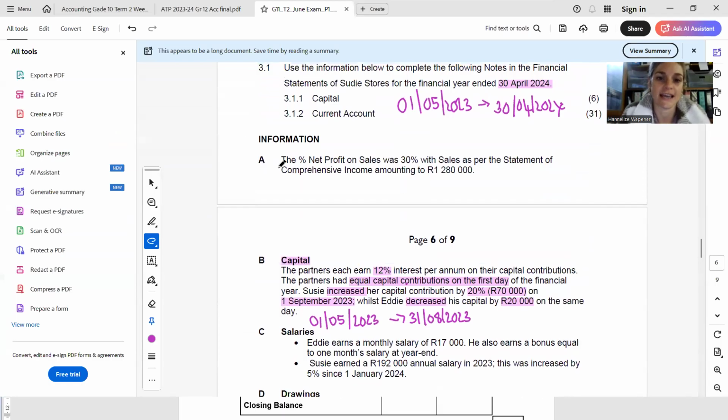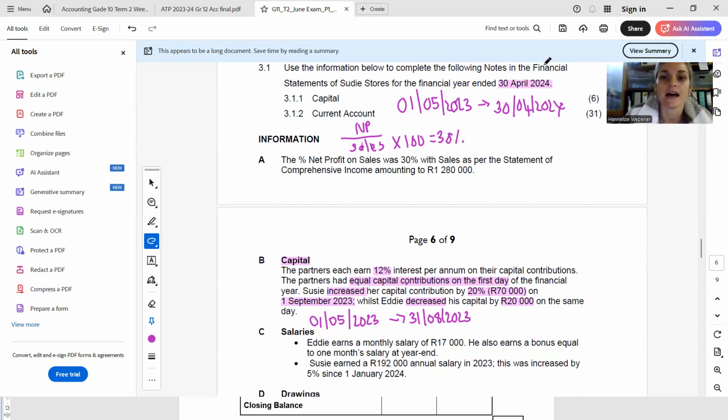Starting with information A, it says that the percentage net profit on sales was 30% for the year. In other words, when we took our net profit and divided that by sales times 100, we got a percentage of 30%.